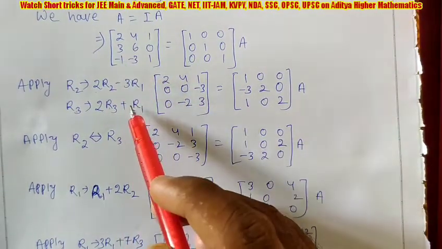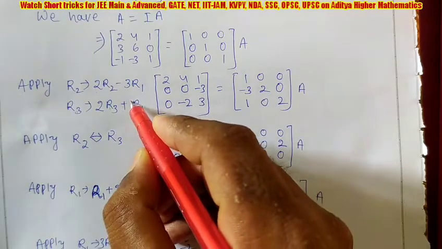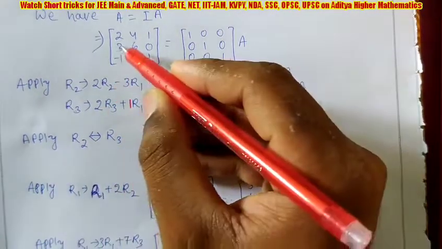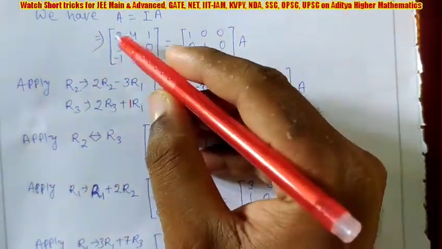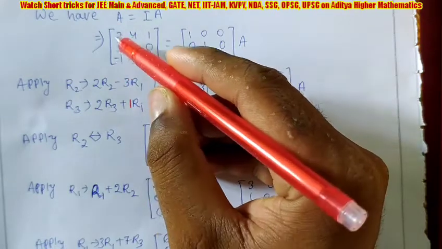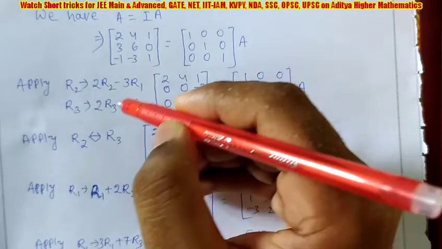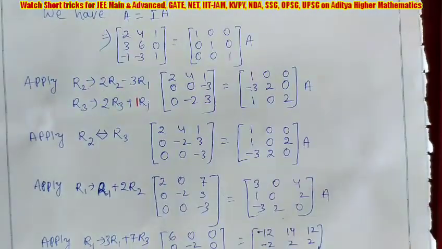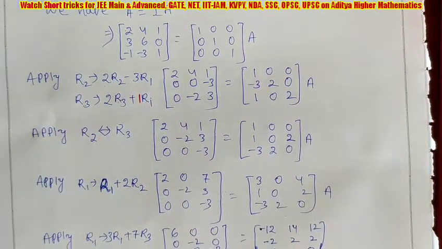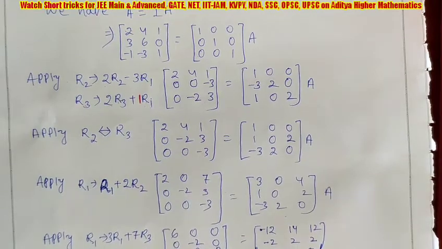So the number I am taking is 1, that means 1. Now observe the signs of R3 and R1: R3 sign is plus and R1 sign is minus, opposite signs, so the middle sign is plus. And when you apply this, you will get two zeros in the first column as R2 and R3.